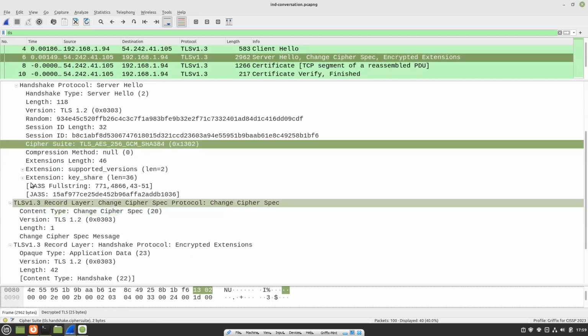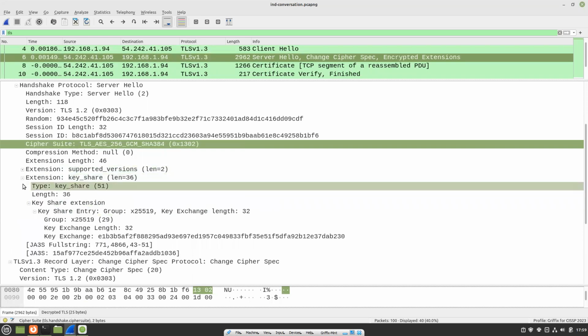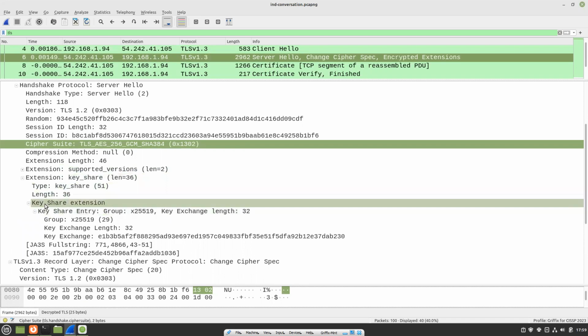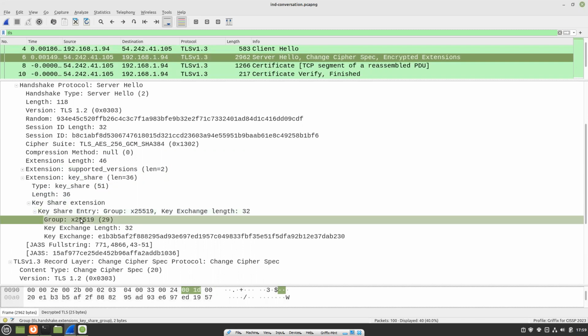I noticed there is a key share field, and the key share fields are listing group numbers. You've got to look those up, like at Wikipedia or NIST. The particular one I looked up is actually elliptic curve Diffie-Hellman. So that was fun to find.